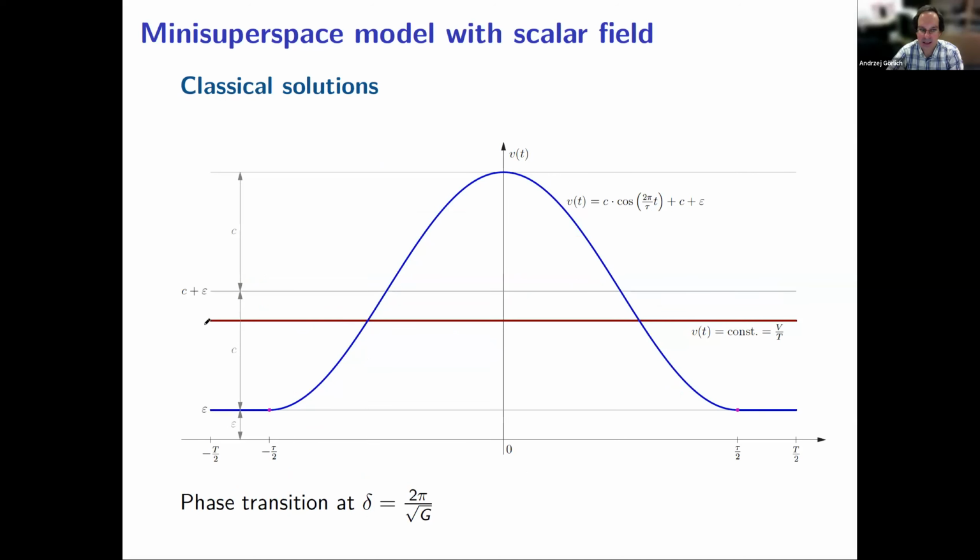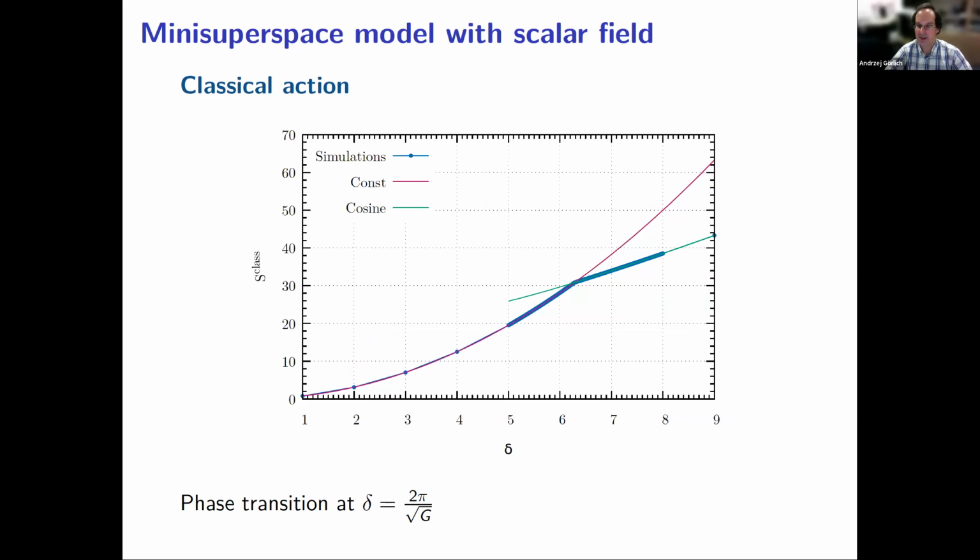And indeed, a constant solution and a cosine solution compete with each other. And when you compute the value of the action for those solutions, the constant solution has a smaller action for small delta, below 2 pi over square root of g, and the cosine solution has a smaller action for delta above this threshold.